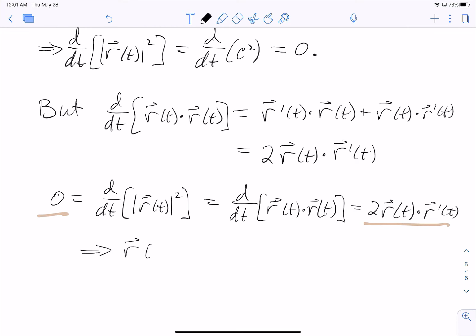Then r of t dot r prime of t is equal to 0, which implies that r of t is orthogonal to r prime of t.